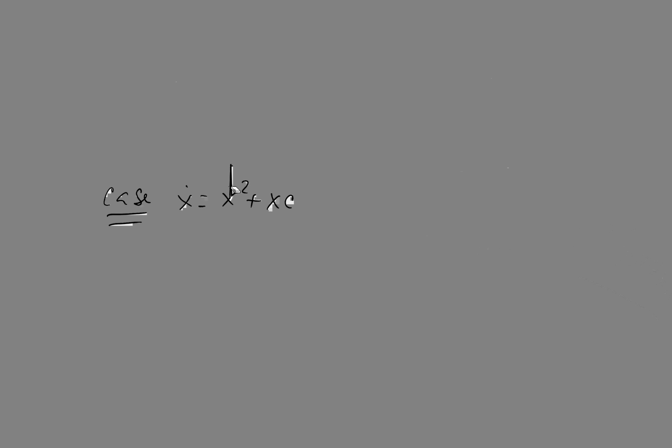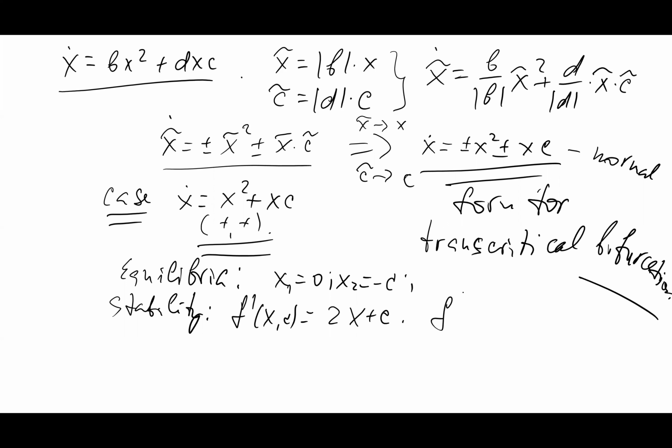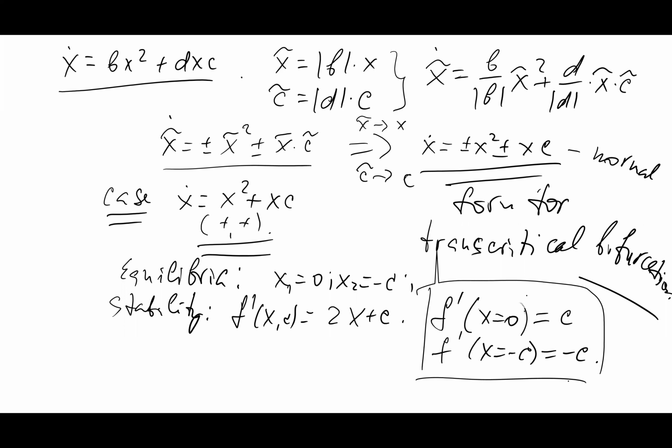And if we compute the derivative of f over x, it is 2x plus c, and the derivative of f when x equals 0 equals c, and the derivative of f when x equals minus c will be minus c. So this means one of them is stable and another is unstable. And who is stable, who is not, depends on the sign of c.